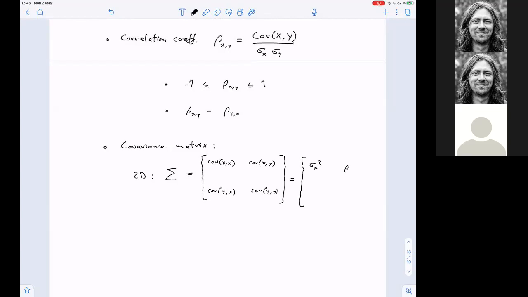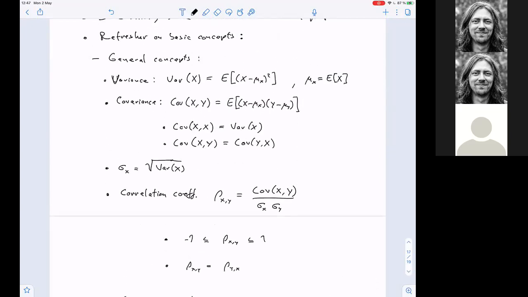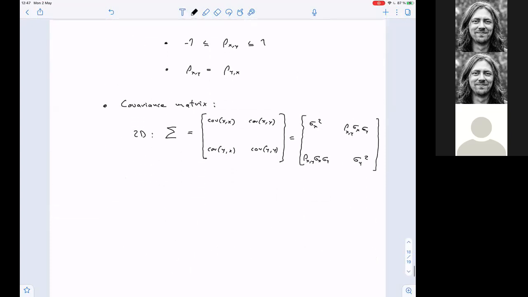Here we would have the correlation coefficient rho x, y times sigma x, sigma y. This would be the same because they're symmetric, so rho x, y, sigma x, sigma y, and this would be sigma y squared. Because the covariance function is symmetric under interchange of input arguments, the covariance matrix is a symmetric matrix.